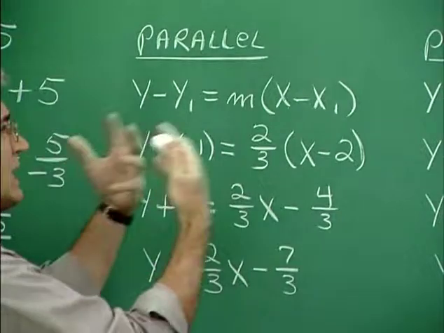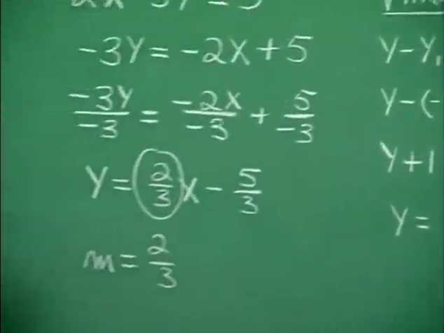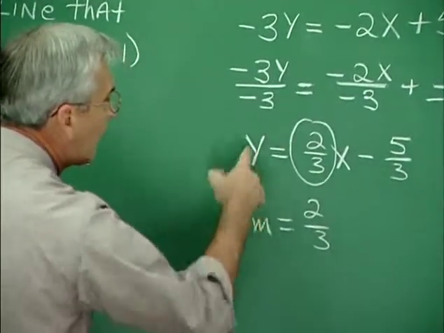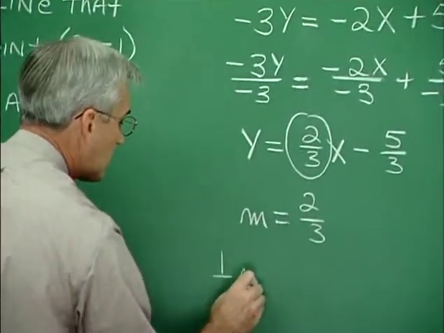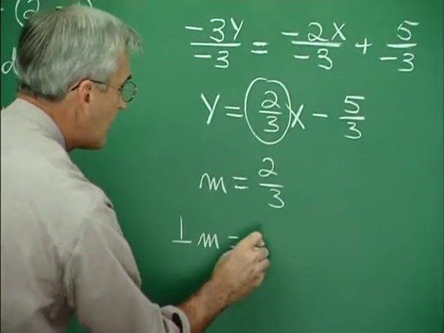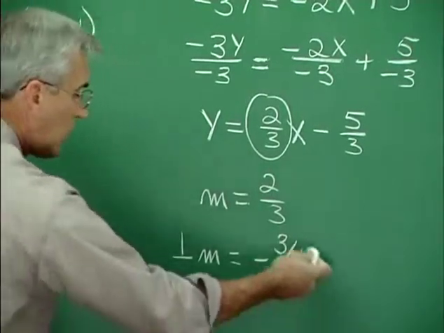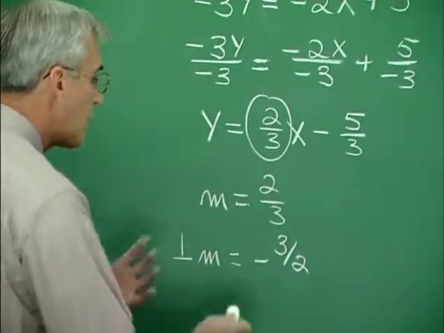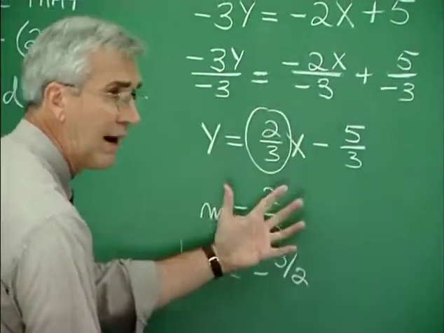Now, for the perpendicular line, let's come back over this way. If the slope of our given line is 2/3, then the perpendicular slope would be the negative reciprocal of this. So it would be -3/2. And this is the slope that we're going to use to generate the equation of a line perpendicular to the graph of this guy.